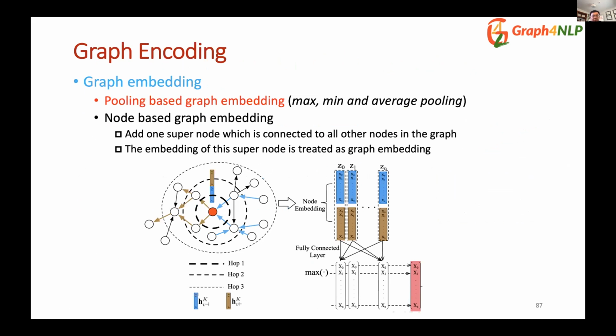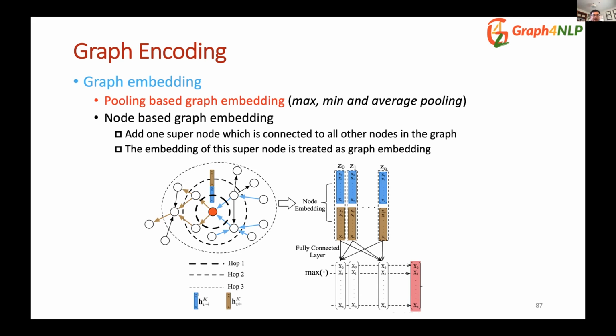So the graph encoding part is, as we mentioned, that you already compute the node embedding for each graph node, and later you have to generate the graph-level embedding so that we can use it as a context vector for the decoding part. There are two ways to do that. One is a pooling-based graph embedding. Here you can use max pooling, min pooling, or average pooling.